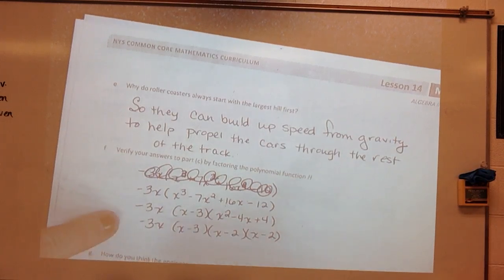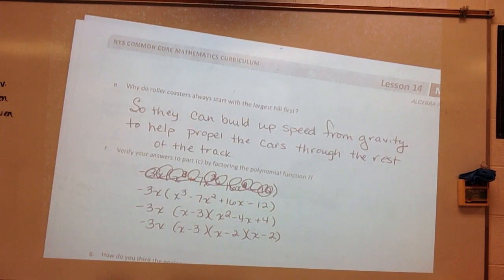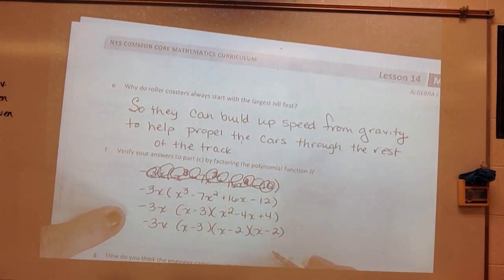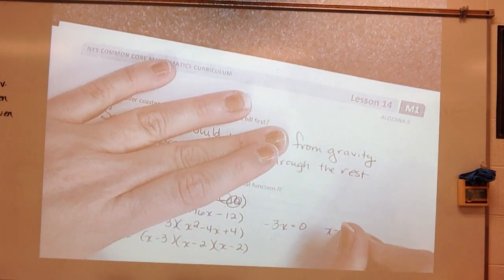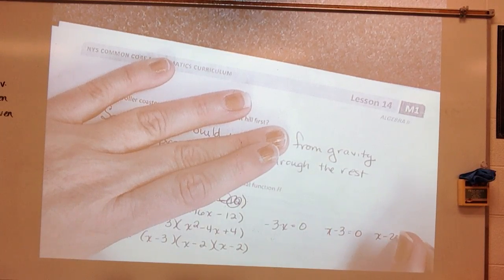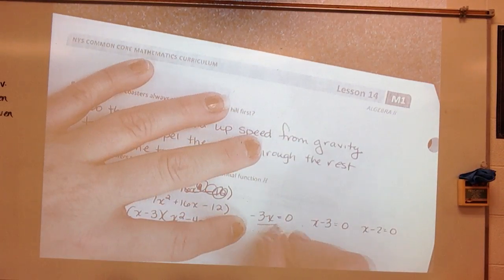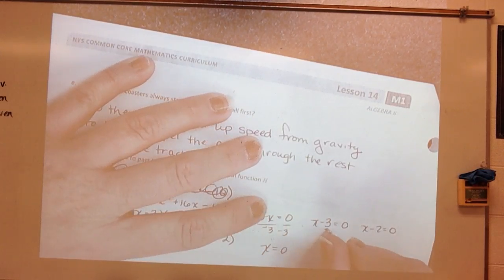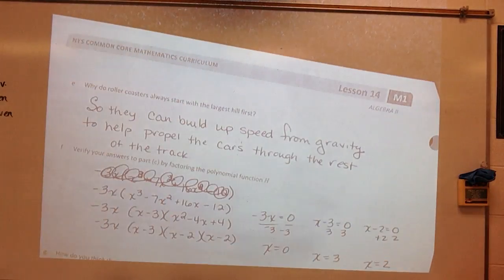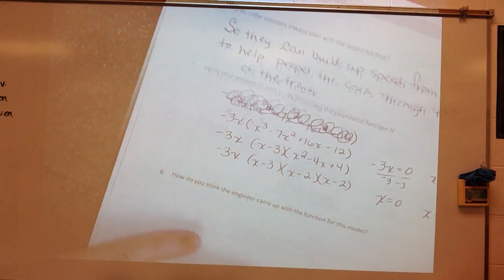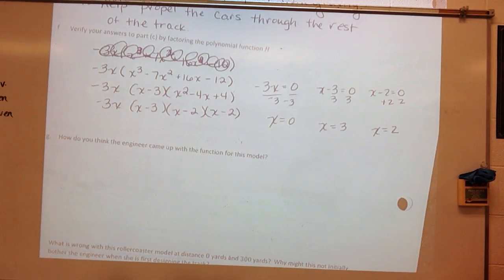So then if I set everything equal to 0, negative 3x equals 0, x minus 3 equals 0, and x minus 2 equals 0, divide by negative 3, x equals 0, add 3 to both sides, x equals 3, add 2 to both sides, x equals 2. Look at what I figured out. I figured out that 0, 2, and 3 really are the answers to my question in part C.